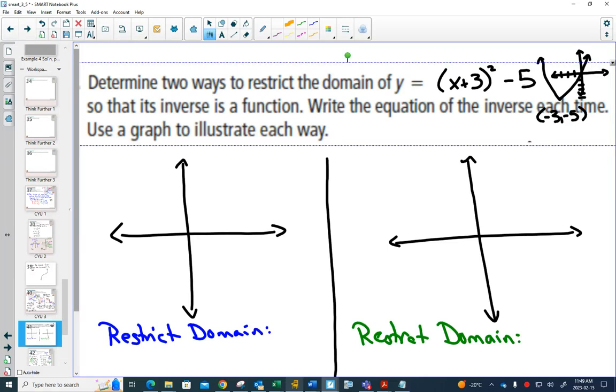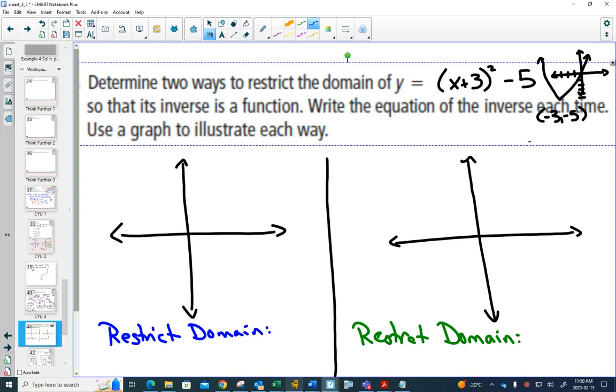Right now, that parabola does not pass the horizontal line test, so my inverse would not be a function. But if I only took half of the parabola, if I restricted the domain, I could make it pass the horizontal line test.